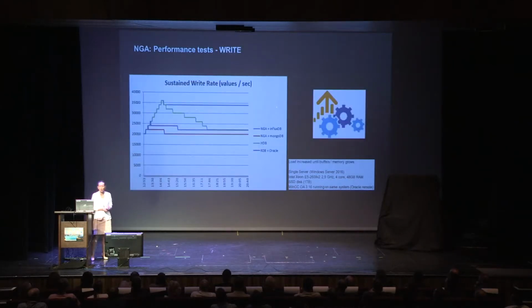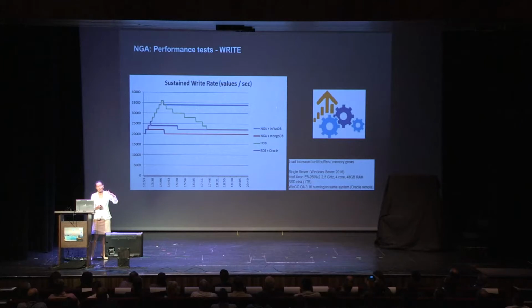We also looked at the write performance, of course. How did we do this? We start sending to the database 20,000 values per second and are slowly increasing this rate until we get into an unstable state. We're looking at memory if this raises, and we see that the database is not able to handle the amount of data anymore.